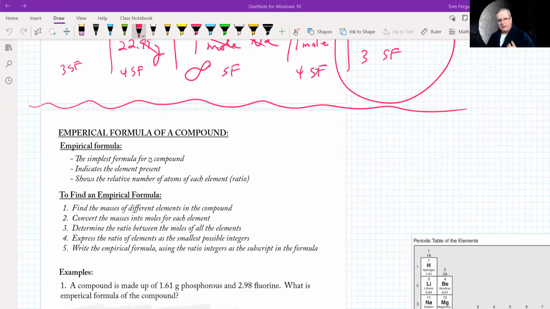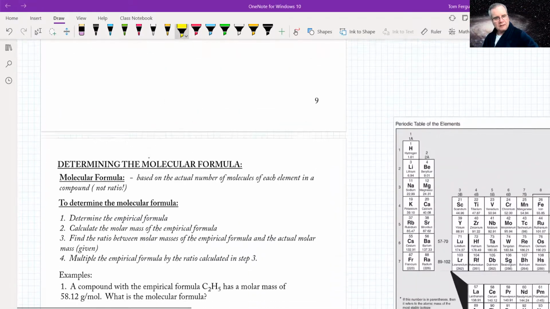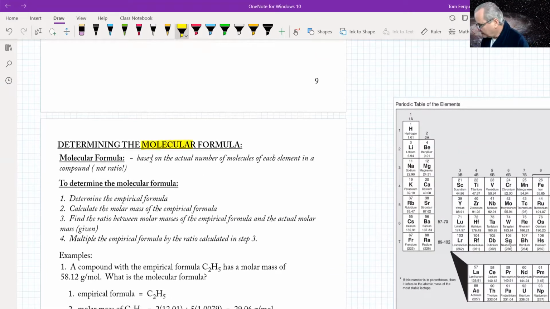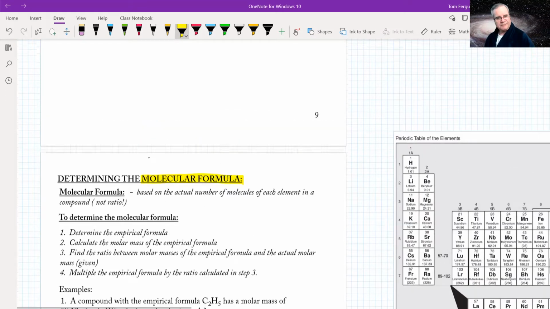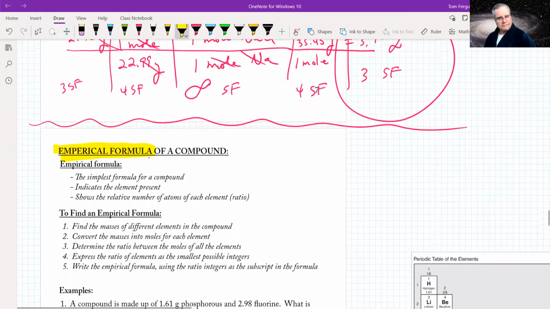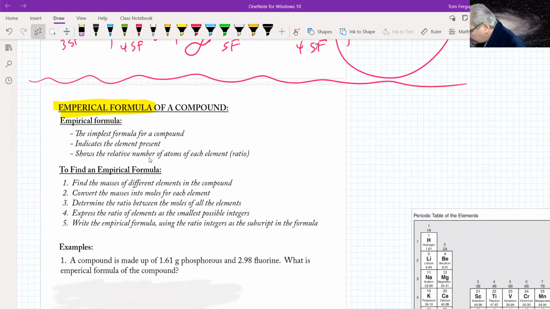Okay, there are two main kinds of formula you're going to run into. One is called an empirical formula, and the other is called a molecular formula. Now, it's important to be able to distinguish between the two. The empirical formula is the simplest form of a compound.